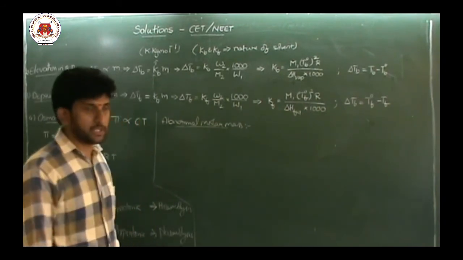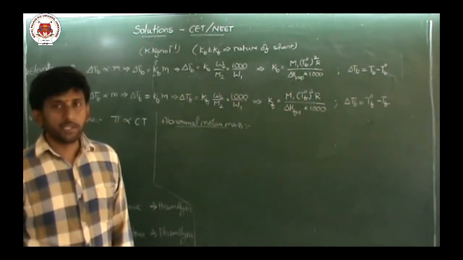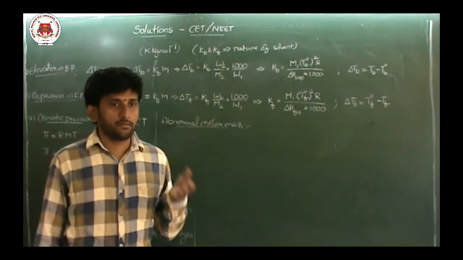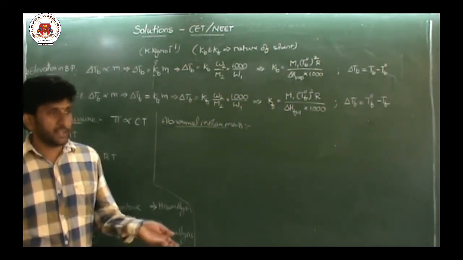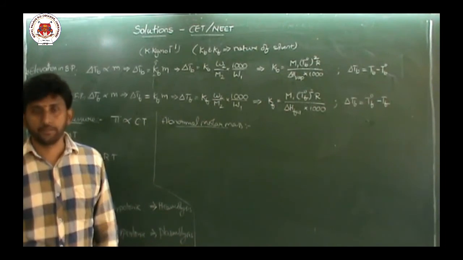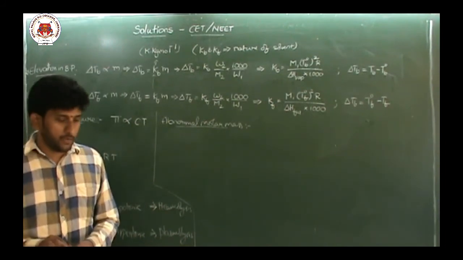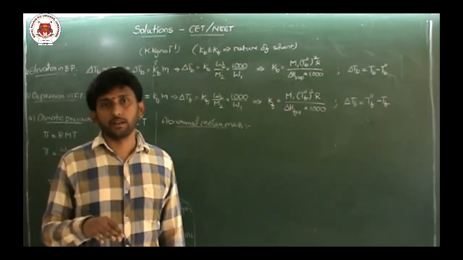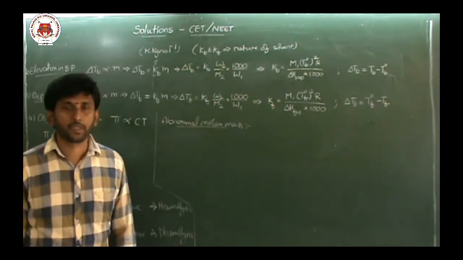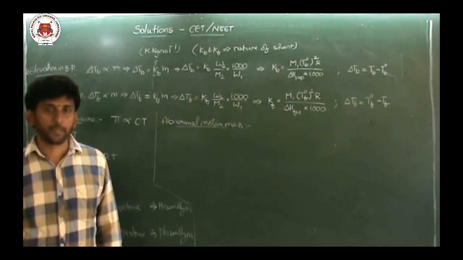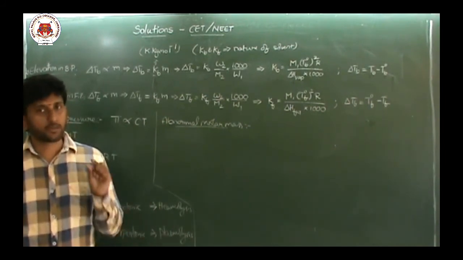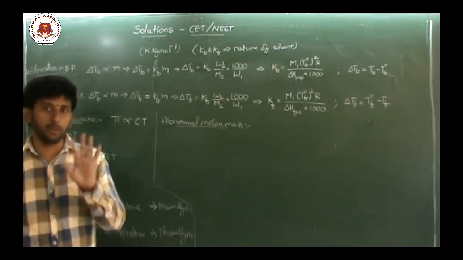See, if any particular solute is given to us, when it is dissolved in the solution, if it does not undergo any association or dissociation, then its molar mass is said to be the normal molar mass.